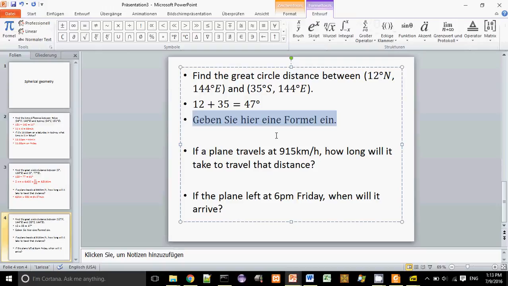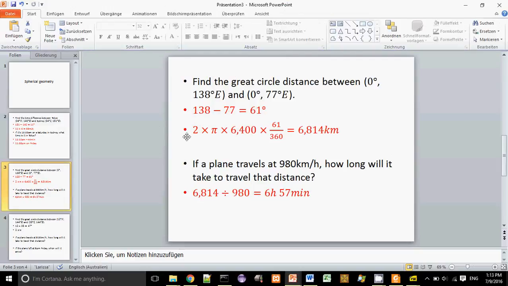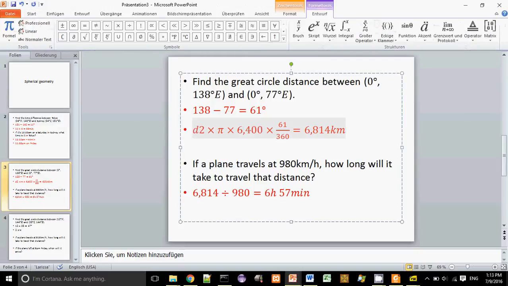So 47, same formula. Possibly we should write a D here. Maybe I should have written distance equals. Doesn't really matter.